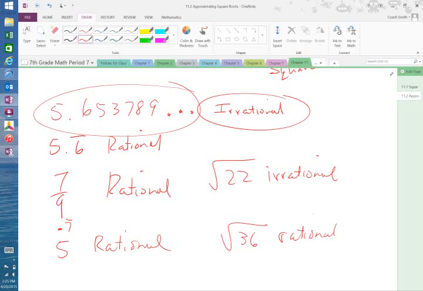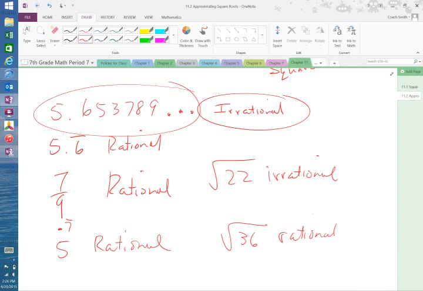Okay? Listen to me, if it is a whole number, if it is a fraction, if it's a decimal that ends, if it's a repeating decimal, or if it's a perfect square, then it is a rational number. Okay? Whole numbers, fractions, decimals, terminating or repeating.